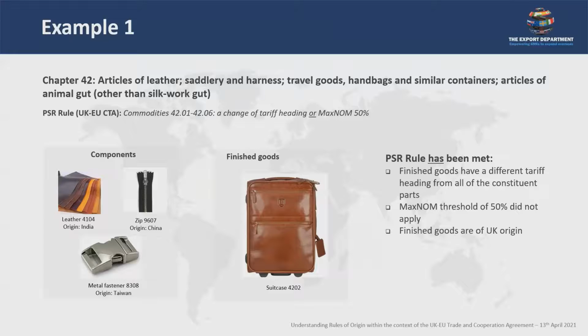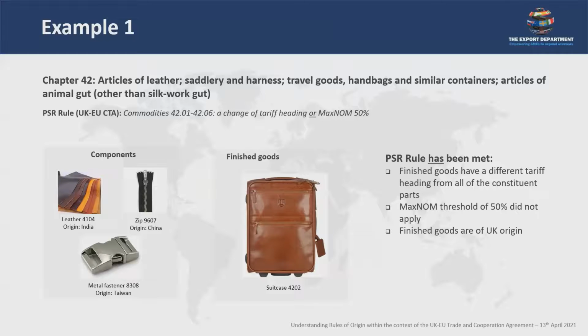That's how you define it. And when you look at the product specific rule in the trading cooperation agreement, it's basically saying that for products that fall within that part of the tariff requires a change of tariff heading or maximum non-originating material of 50%.